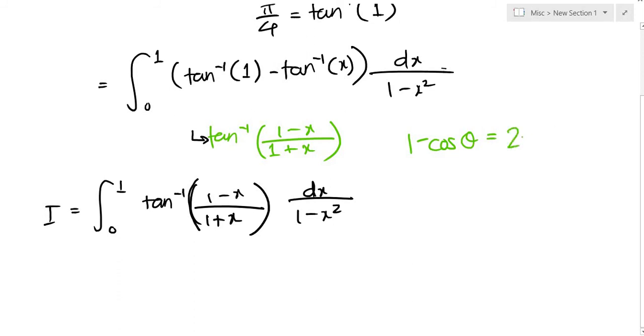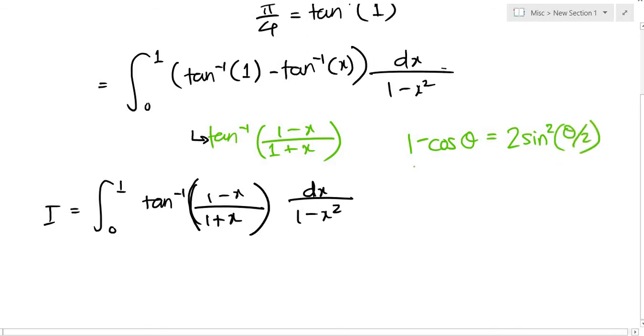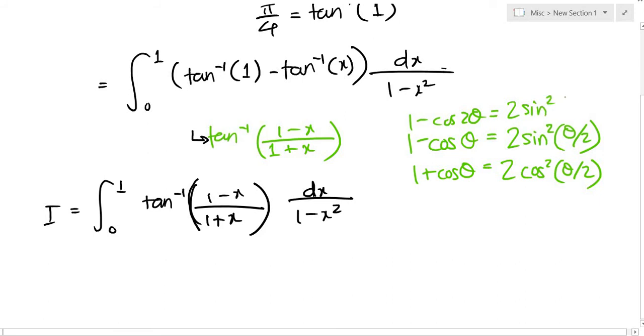This becomes 2 times sine squared of, where you half the angle, theta by 2. And if you have say 1 plus cosine of theta, this is just 2 times cosine squared then half the angle, theta by 2. So in place of theta, say we had 2 theta, then on halving 2 theta we'll just have a theta. So 1 minus cosine of 2 theta, just to give you perspective, is 2 times sine squared of theta, because half of 2 theta is just a theta.